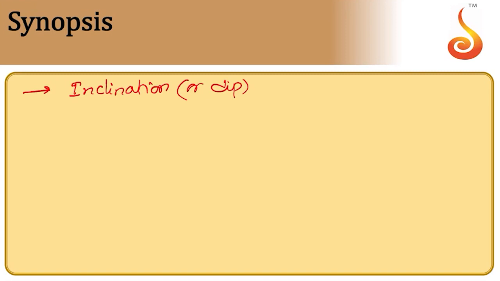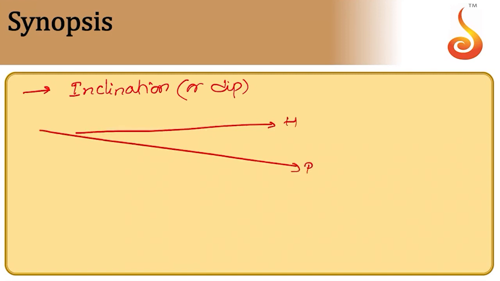For example, if we consider a place, this is the horizontal. The Earth's magnetic field is in this direction, say, and the angle it subtends with the horizontal is what is called the angle of dip. So, angle of dip or angle of inclination is the angle made by the Earth's magnetic field with the horizontal at a place.